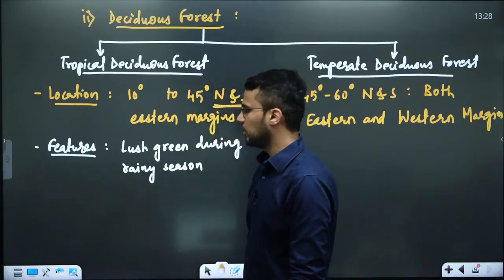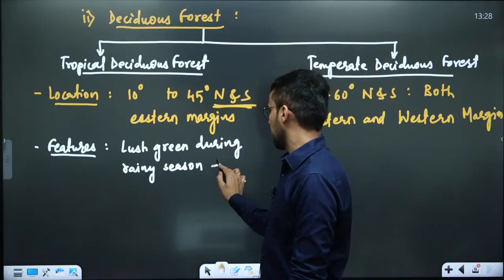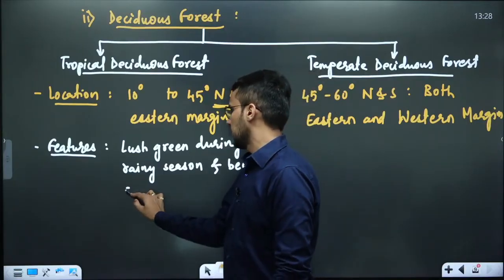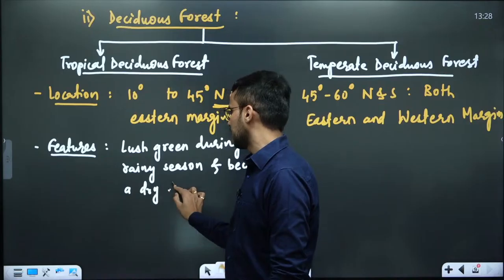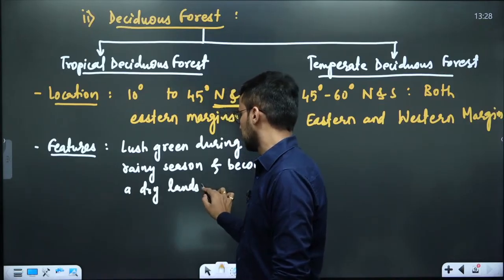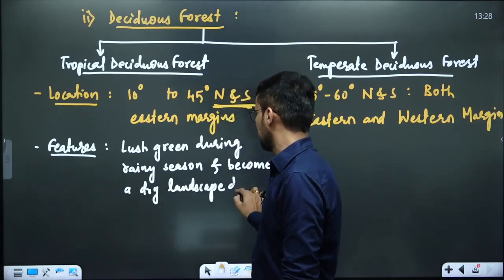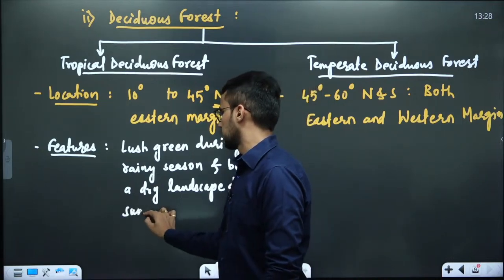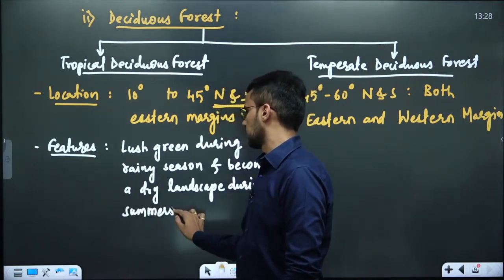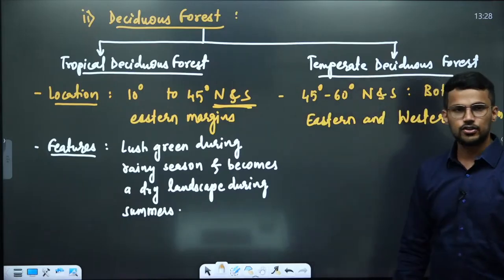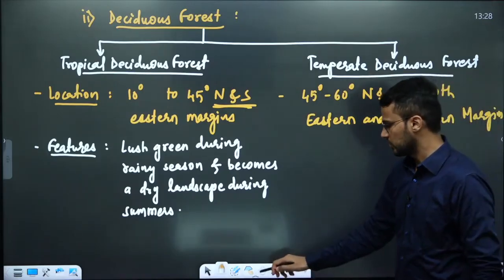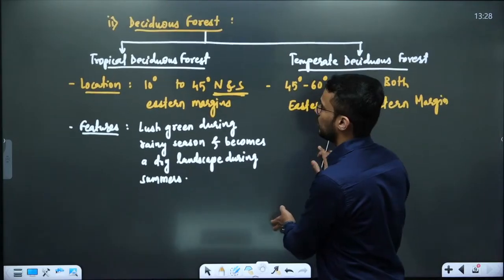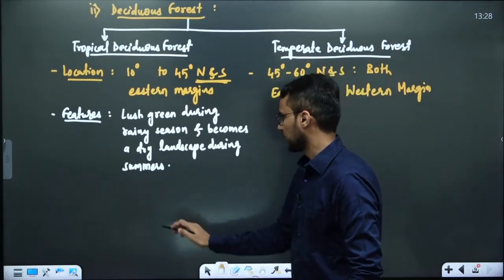Lush green during rainy season and becomes a dry landscape during summers, right. It is a lush green region during rainy season, but it becomes a dry landscape during summers.